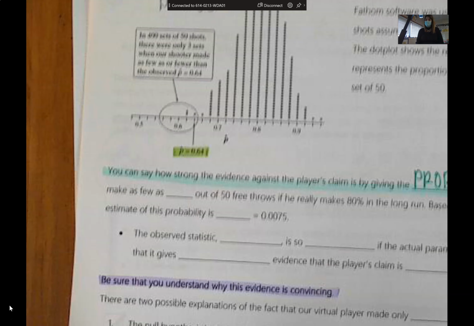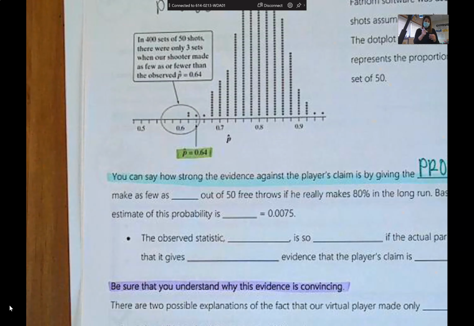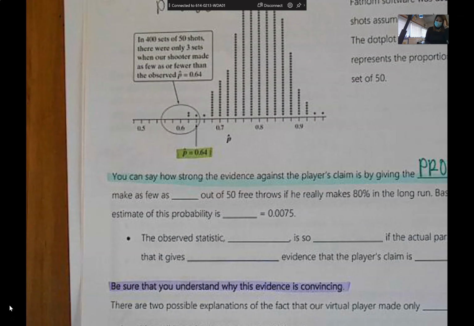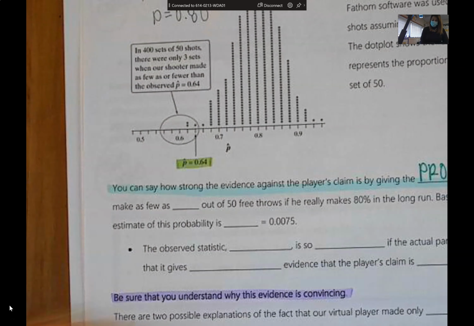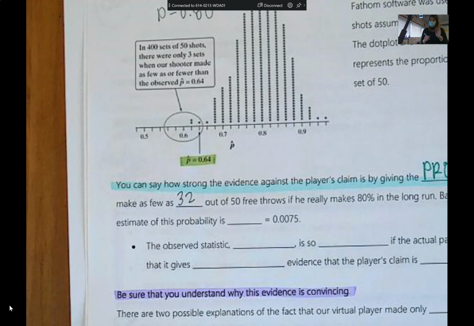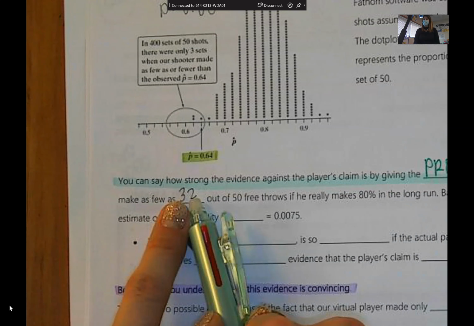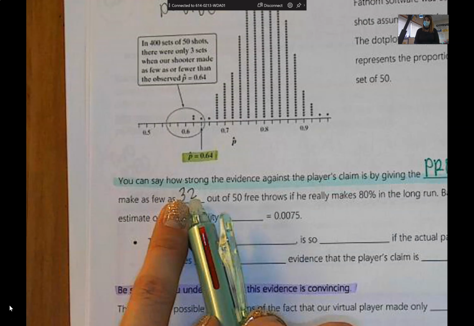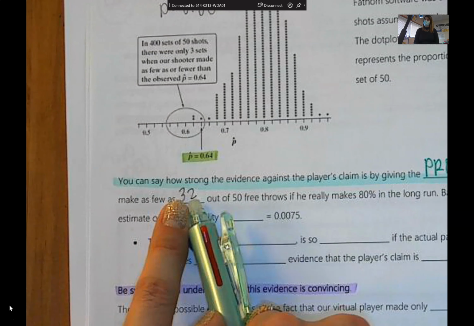We get a p hat, an actual sample value of 64%. So what is our probability that our shooter would make as few as 32 out of 50 free throws? Because 32 is 64%. 64% of 50 is 32.